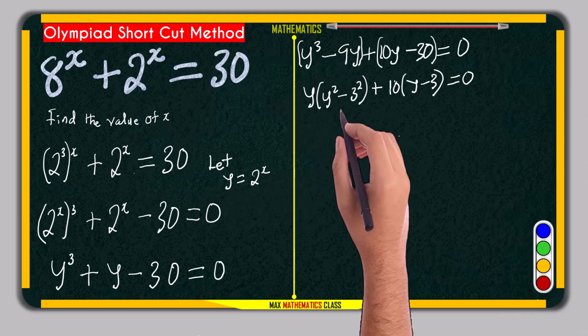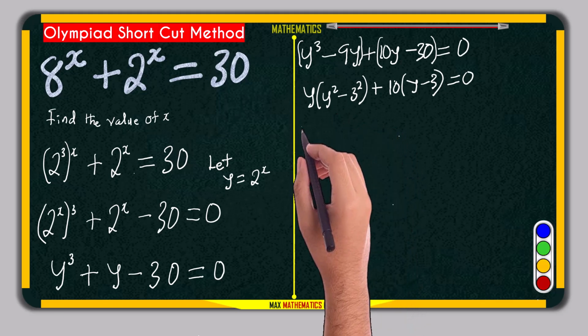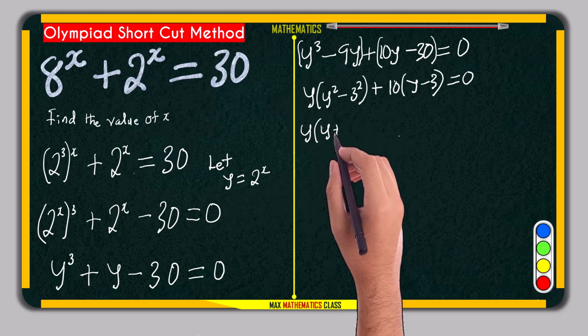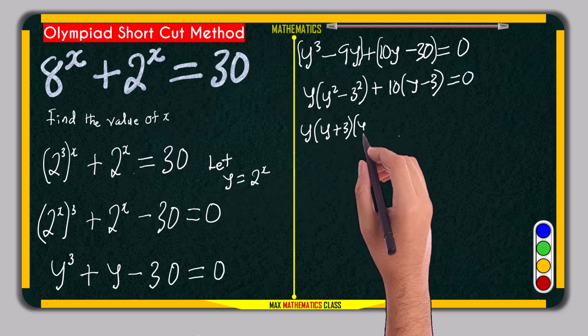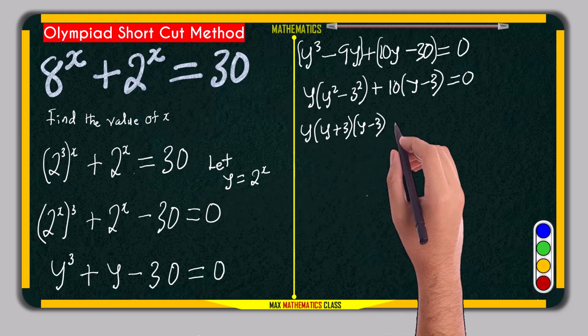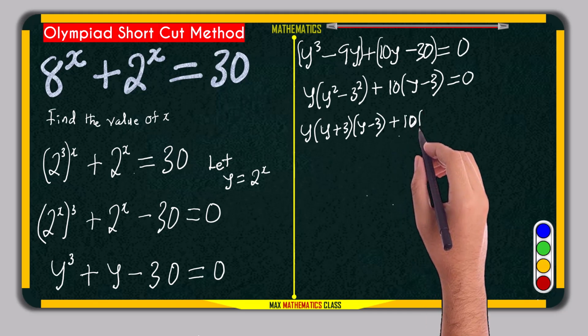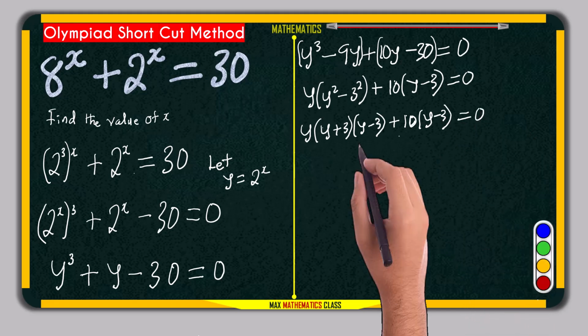Now after this, we can expand this bracket because it's difference of two squares. So we now have y times y plus 3 times y minus 3, plus 10 times y minus 3, and is equal to 0.